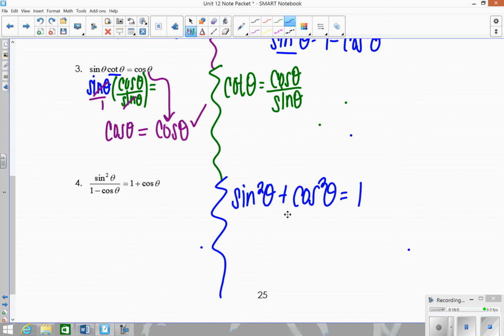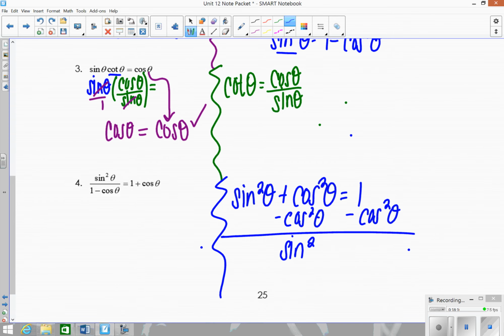So what that means is I'm going to subtract cosine theta from both sides. That way I can get sine squared by itself. And that will allow me to replace this sine squared with 1 minus cosine squared. And then it gets me everything in terms of cosine, which is a good thing.